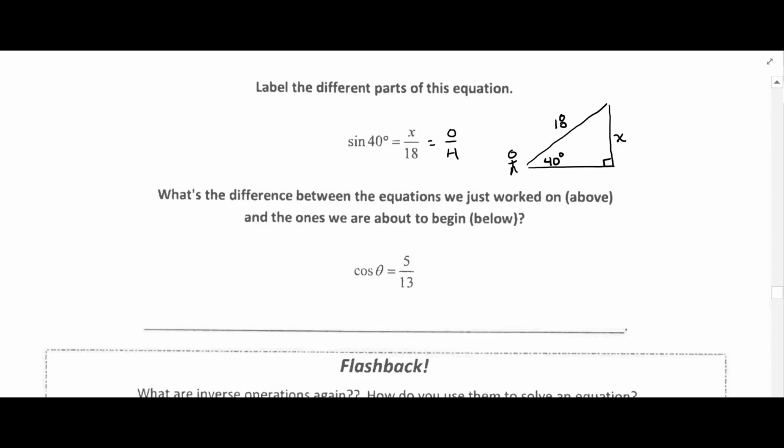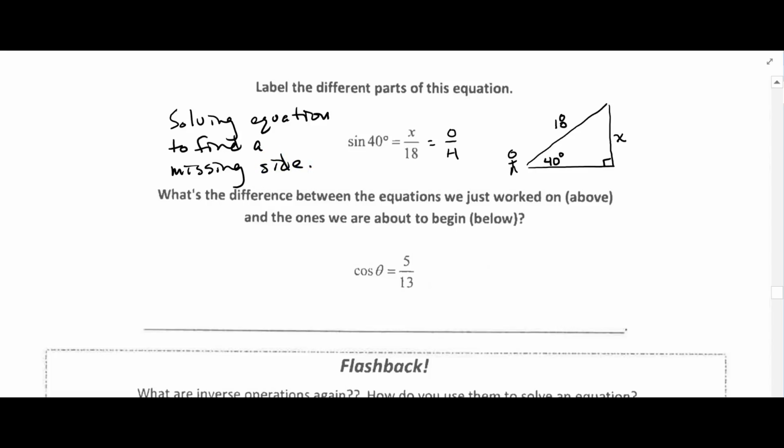So this is a triangle that this proportion could have come from, and we notice here that we are solving an equation to find a missing side.